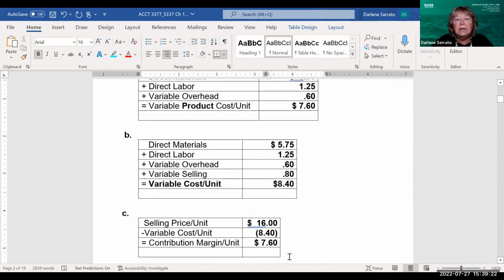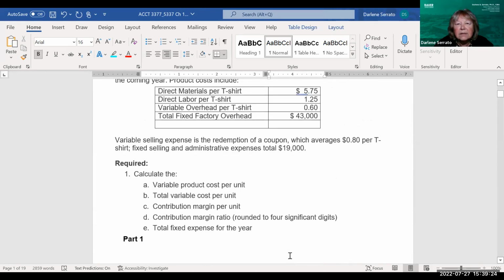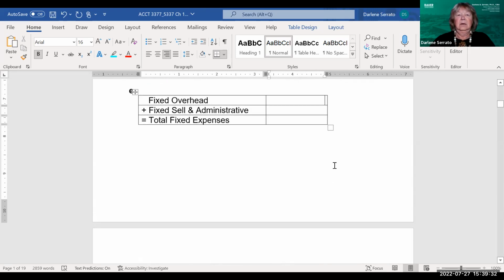Fixed overhead, total fixed cost: fixed overhead of 43,000 plus fixed selling and admin of 19,000 gives you 62,000.